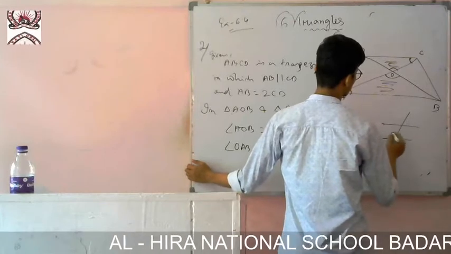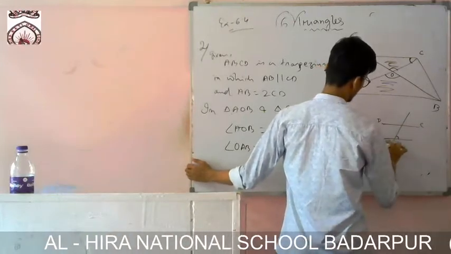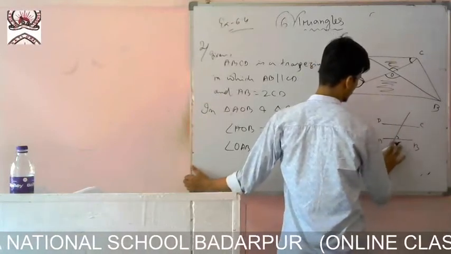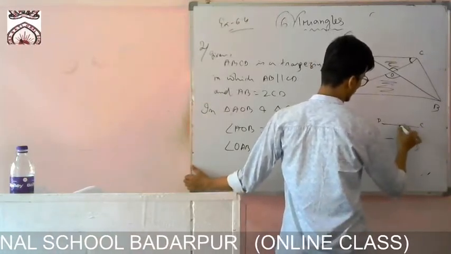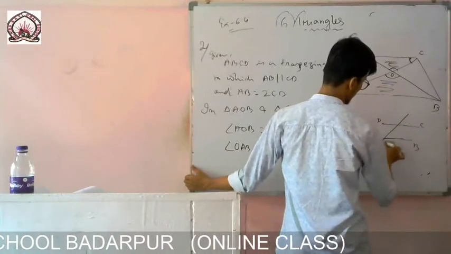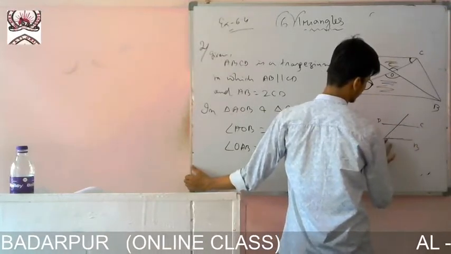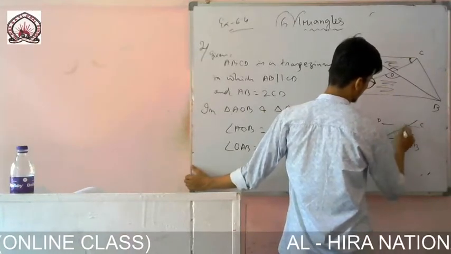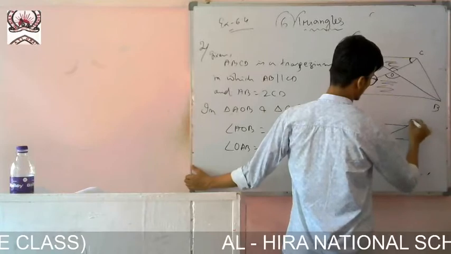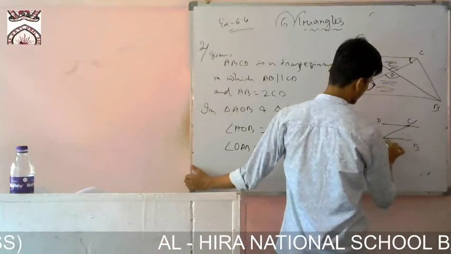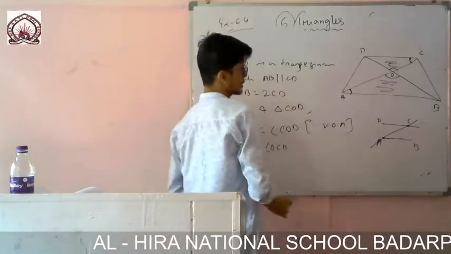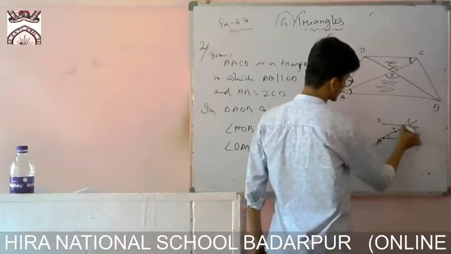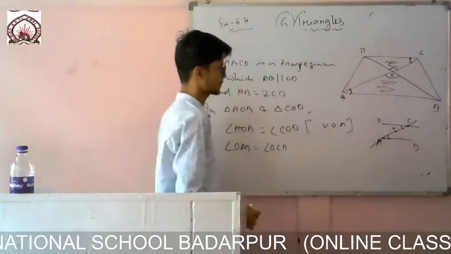DC is there, AB is there, and the transversal is passing through the point O. So angle OAB is alternate to angle OCD.